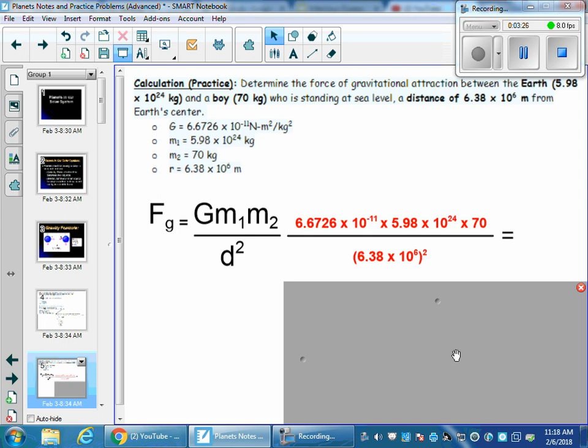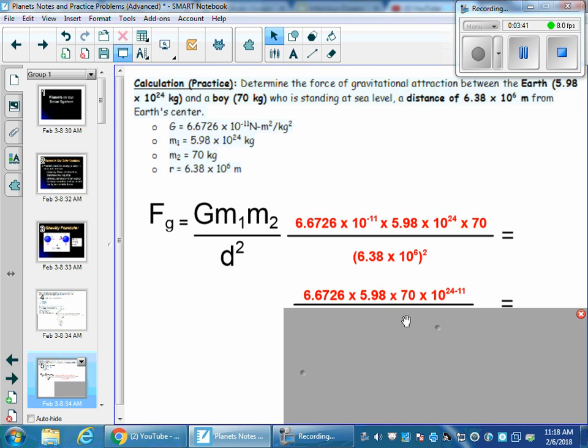That is here. Now the second thing you're going to do, in order to make the exponents much easier to deal with, is combine some like terms and put some things together. So you're going to take 6.6726, which is just a regular number, there's no exponent there, 5.98, and 70.